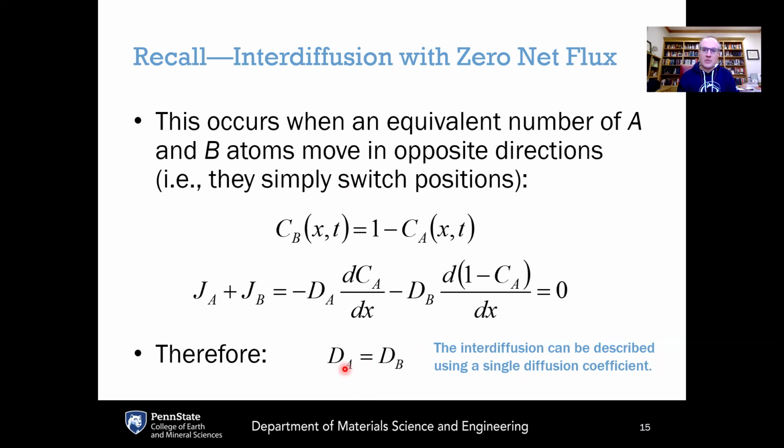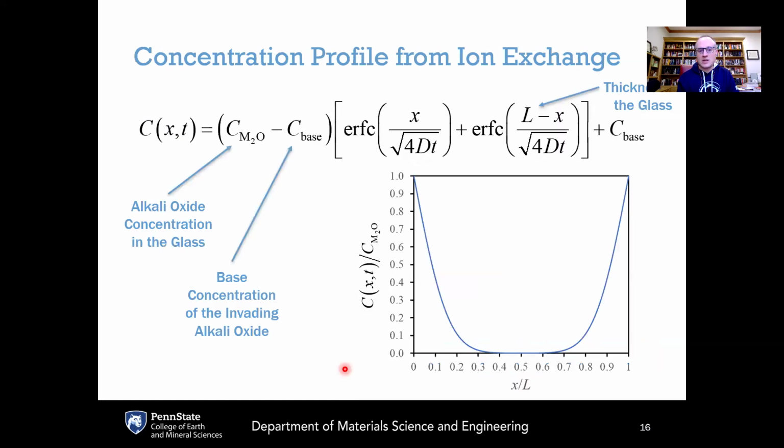And that is indeed what we have as the case here with ion exchange glass, that in order to maintain charge balance, there needs to be a 1-for-1 exchange between sodium ions and potassium ions. And so we've got one effective interdiffusion coefficient that accounts for the swapping process between sodium and potassium.